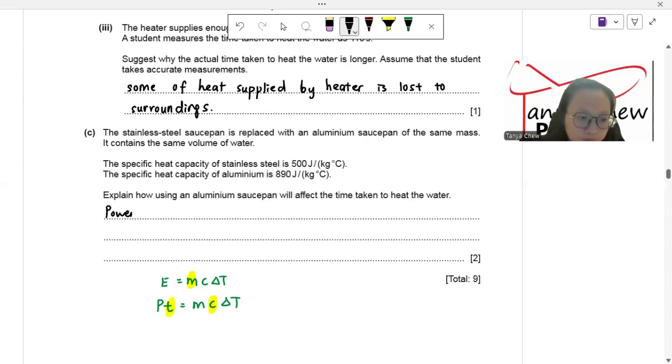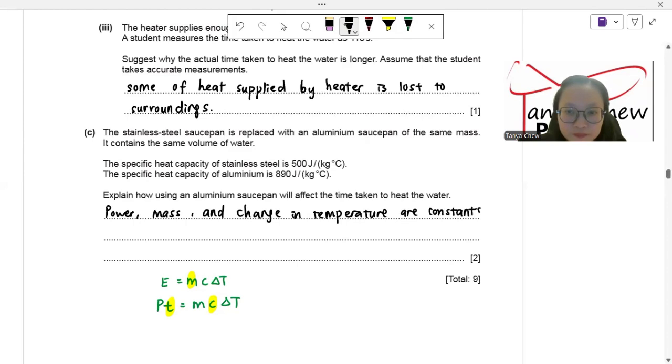So that is why I say that power, mass, and change in temperature are constants.